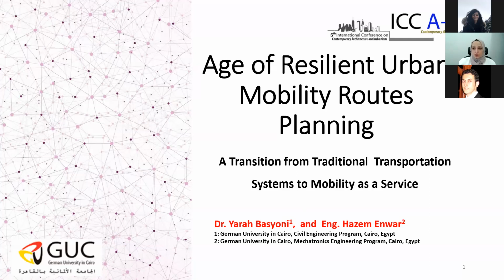In this presentation, it's a project that we are working on. I'm working as the lead supervisor with a number of students from the German University in Cairo. The main goal that we need to reach is how can we have resilient urban mobility routes without changing the infrastructure itself.